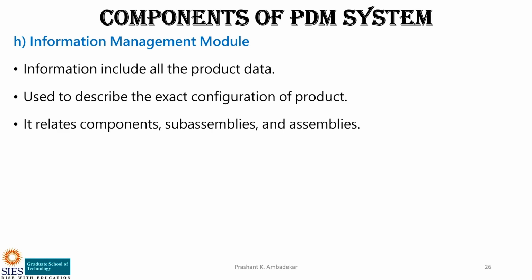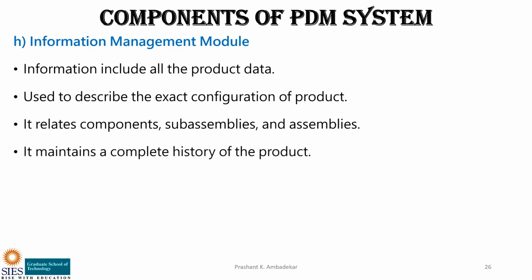The information management module also makes the relation between the component subassemblies and assemblies and maintains it in a proper way. Thus, the information management model maintains a complete history of the product through design, manufacture, delivery, and field use to end of the life and the status of all information as well.